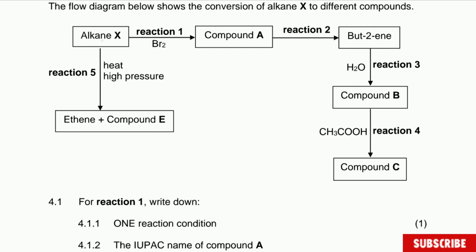Now in this reaction you start with an alkane, so from alkane you go into a bromine, which is a single bond compound. So this reaction 1 is substitution. That is for sure.